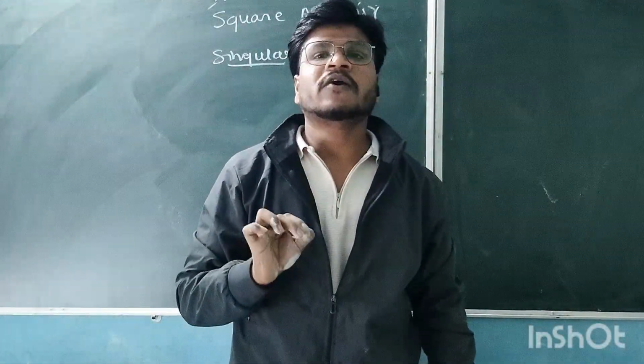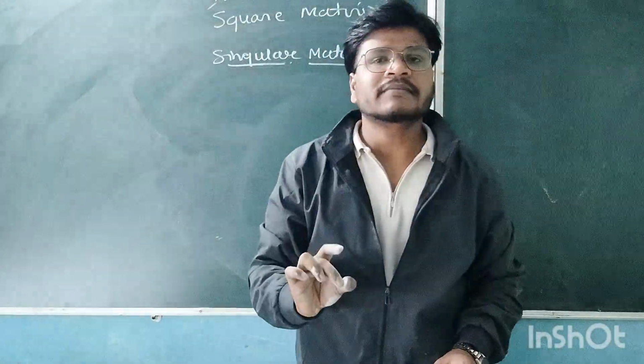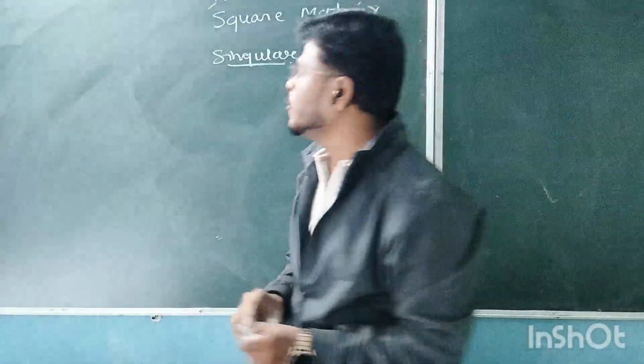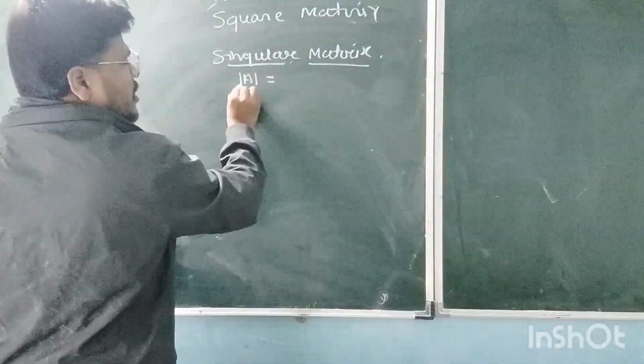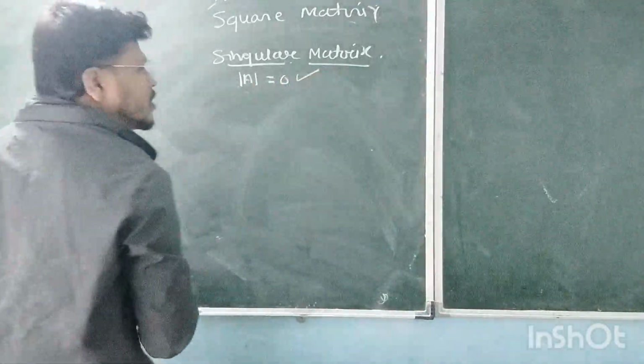If the determinant of the matrix is 0, then it is called singular. If the determinant of the matrix is not 0, then it is called non-singular. If I take one matrix A and the determinant of A is 0, then it is called a singular matrix.